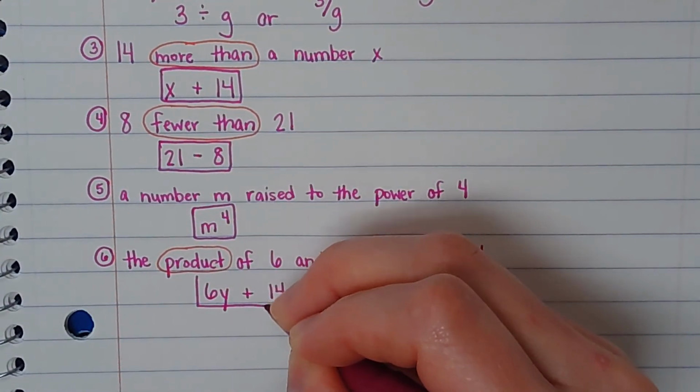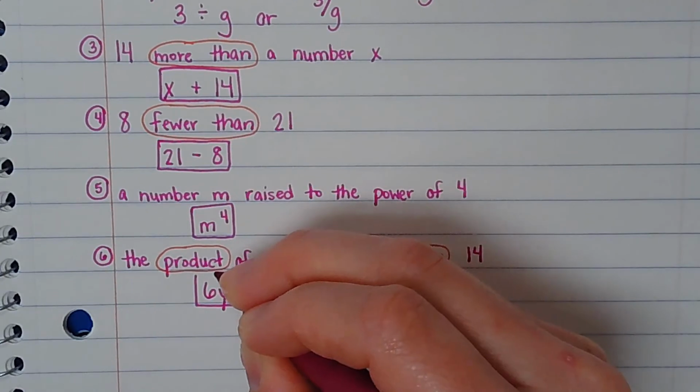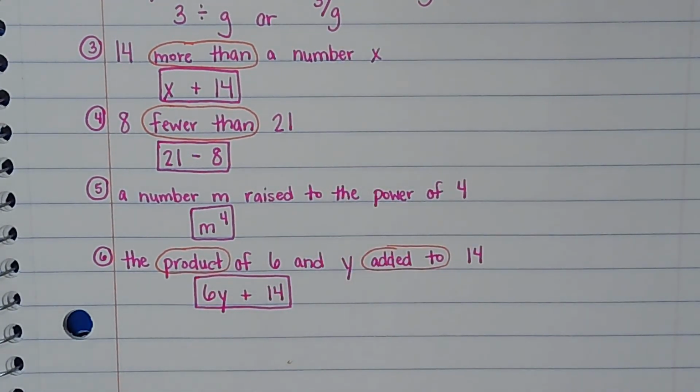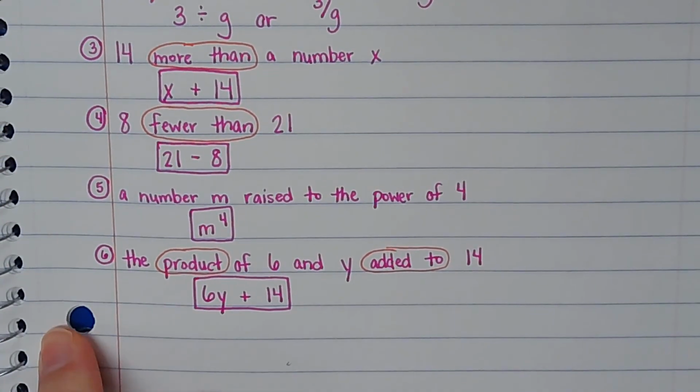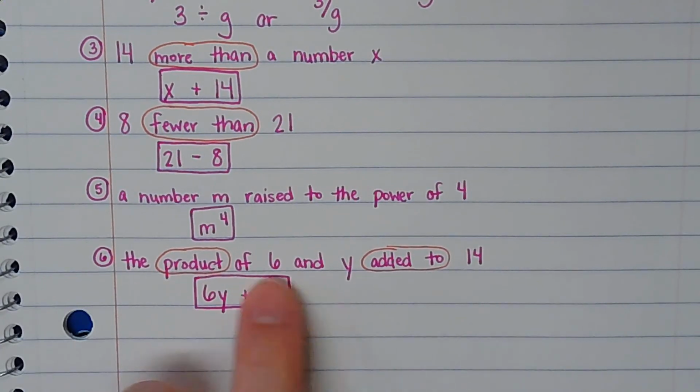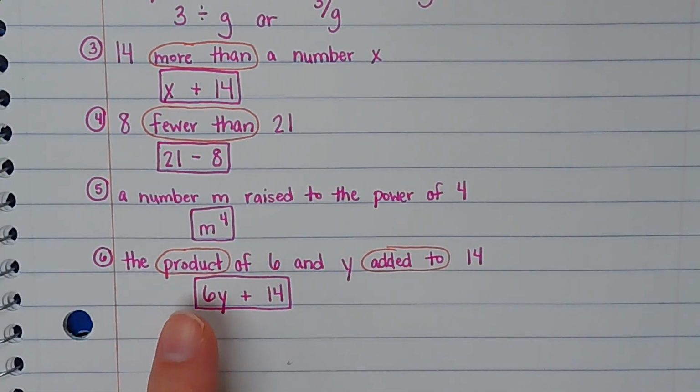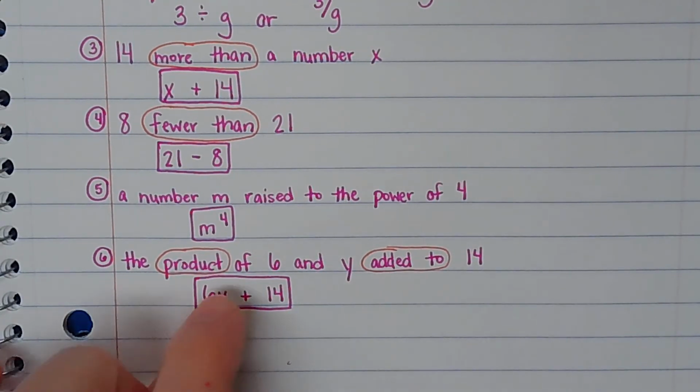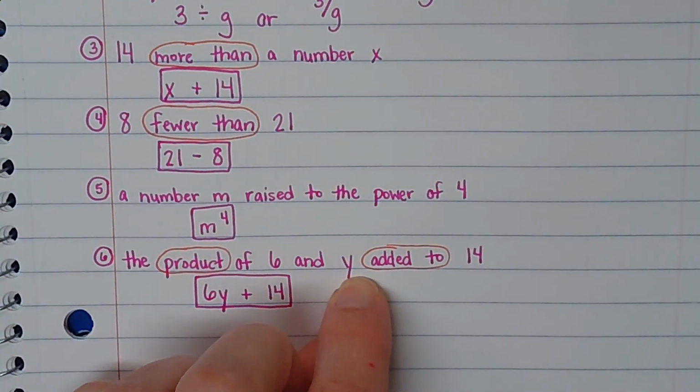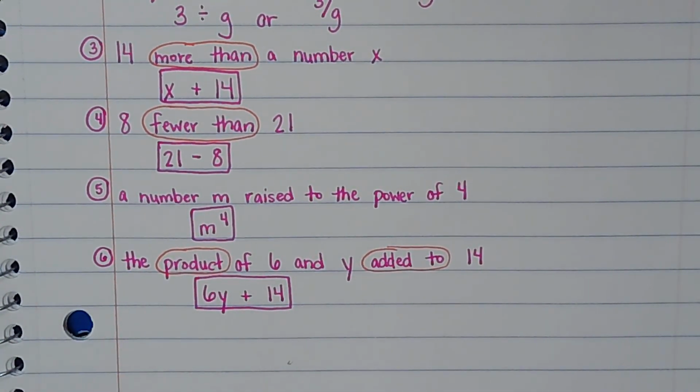If you flip the order, technically it wouldn't matter, because it's addition, so if it was 14 plus 6y, you could do that. What you can't do is group the y and the 14 together and then leave the 6 by itself, because the 6 and the y go together. And the way I know that is because it says the product, and you know product is the answer. So it's the answer of 6 and y, and then you're adding it to 14, okay?